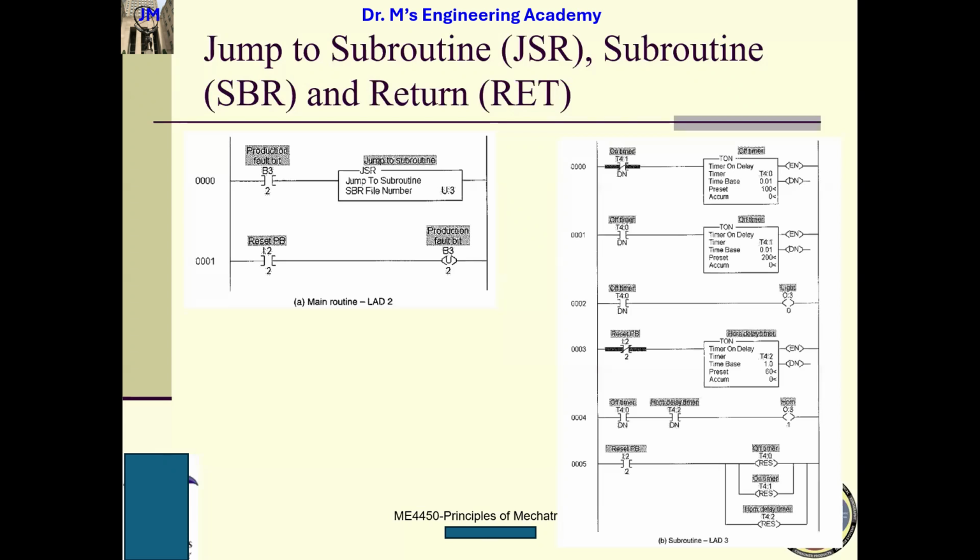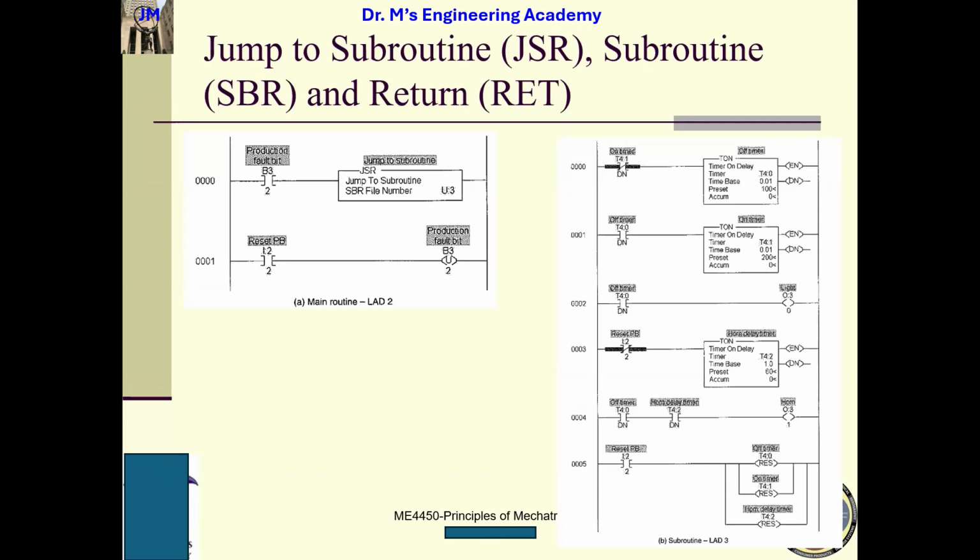In the second run, this is a reset, and the output bit is unlatched. So this is the instruction to call the subroutine. And here is the subroutine. You can see the subroutine is a separate program. You understand?